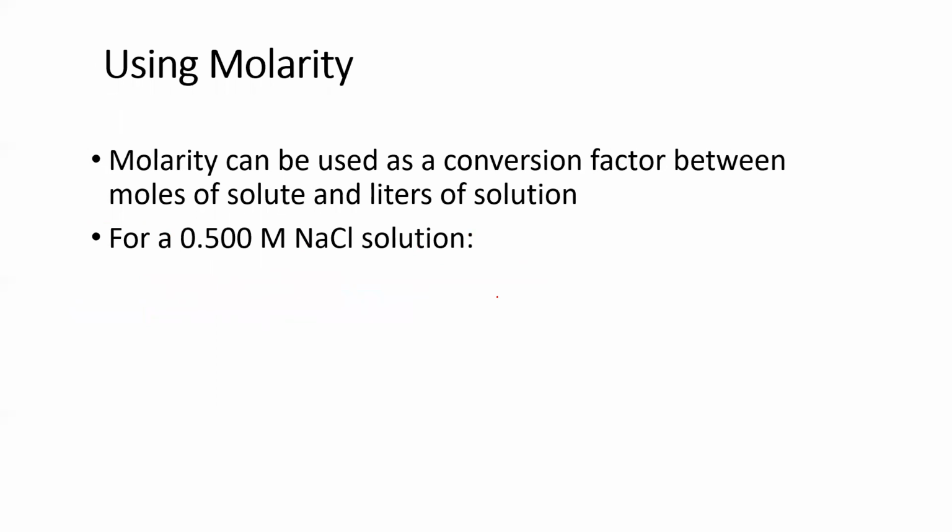So how can we use molarity as a conversion factor? And really, you have to think of molarity as a conversion factor as opposed to a formula. So again, molarity is a ratio, moles per liter. Now, if you want to be more specific, moles of solute, the thing that you dissolve, per liter of solution, the entire whole.